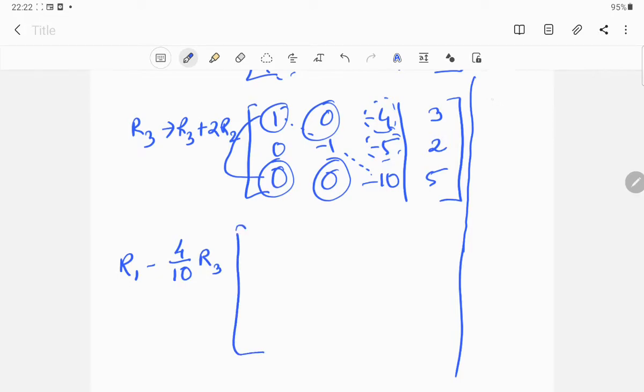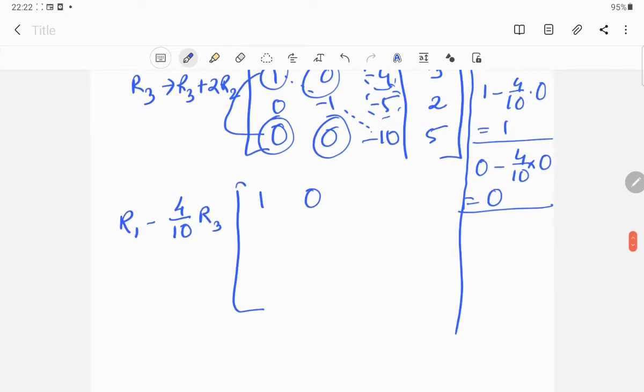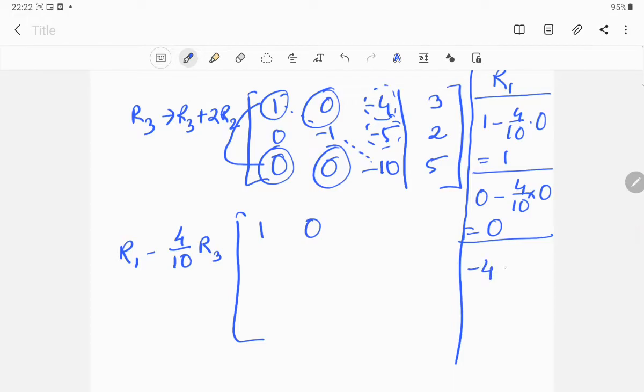R1 will be 1 minus 4 by 10 into 0 means 1, then 0 minus 4 by 10 into 0 means 0, then minus 4 by 10 into minus 10, 10 gets cancelled, this is plus, so minus 4 plus 4, this is equal to 0.